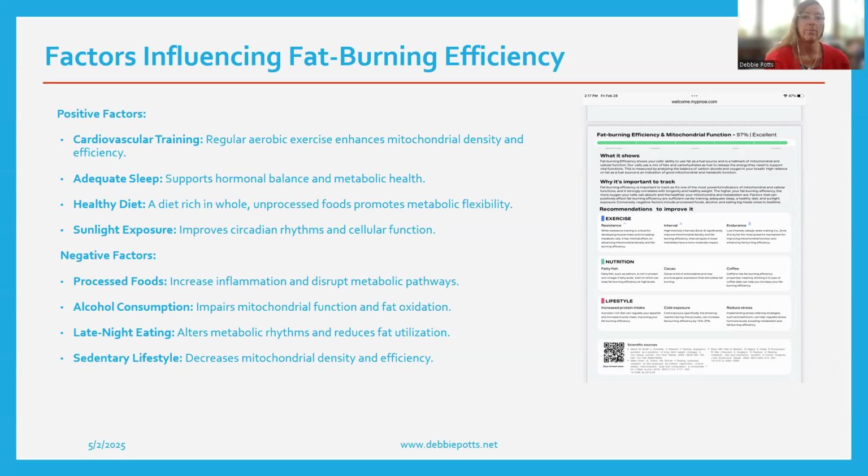Getting quality sleep, balancing our hormones, helping our metabolic health, getting a rich, nutrient-dense whole foods diet, avoiding processed foods in a package, basically. We want to avoid them, unless you can read all the ingredients, you know where they came from, and you know how to pronounce those ingredients. Now, sunlight exposure, improving your sleep-wake cycle, your circadian rhythm, helps cellular function. So talking about light with Lumati Wellness, we'll talk to them soon.